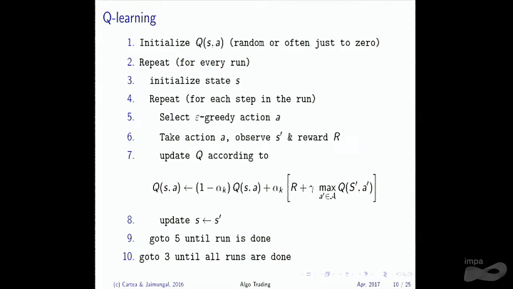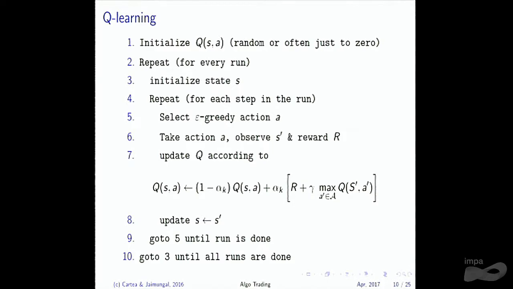You have an estimate for Q already, so you can compute this maximum. Then you simply update your state, and you repeat. You keep doing this until you've converged in some sense, or you just constantly do it as you observe more and more data.